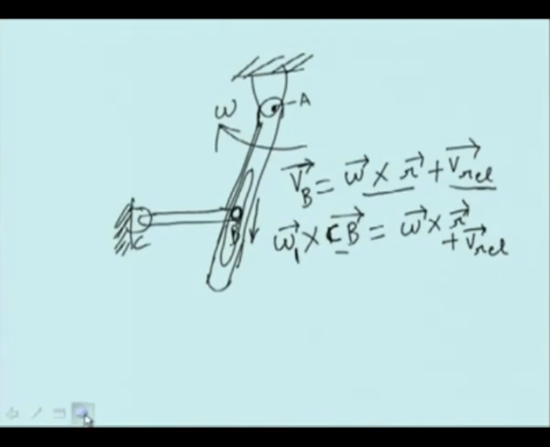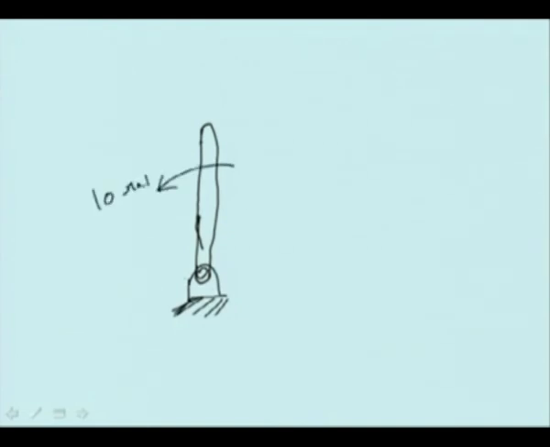Now, we will solve a simple problem on Coriolis acceleration. There is a ring rotating at 10 radian per second and a particle sliding at 10 meter per second. What is the Coriolis acceleration?